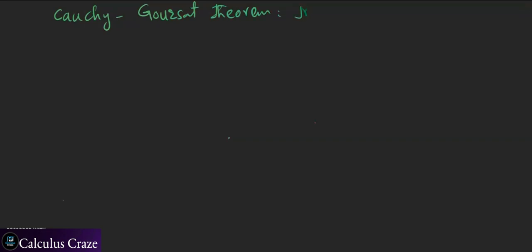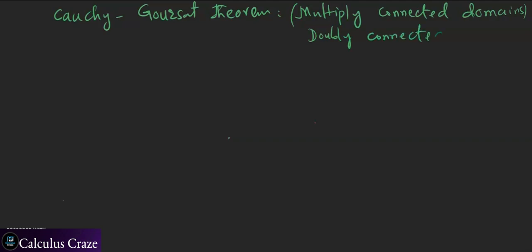Moving forward, we will now discuss the Cauchy-Goursat theorem for multiply connected domains. In particular, we will first talk about doubly connected domains, which means a domain with one hole.